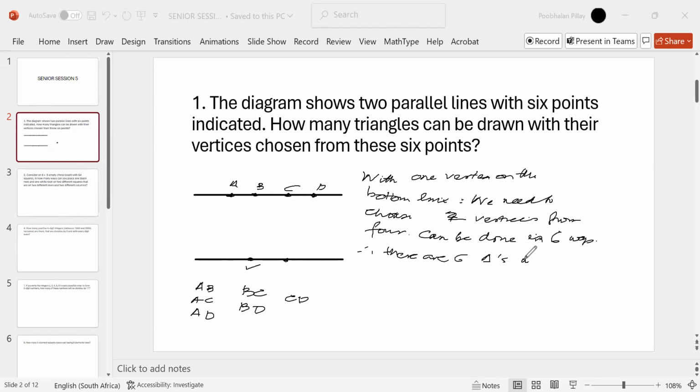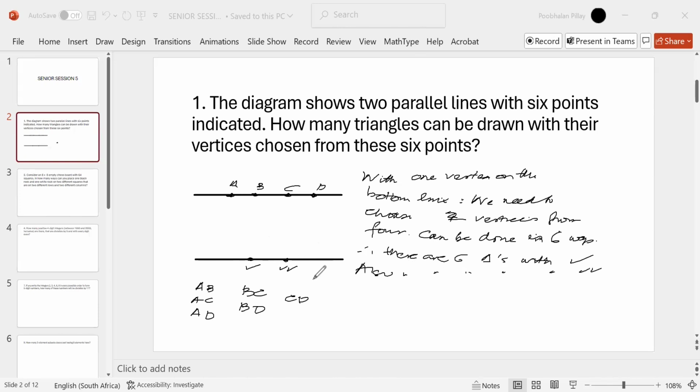With the tick, right? So with this vertex here, you've got 6 triangles. Now you could do exactly the same thing for the next point here, right? And now if I call this double tick, also for the same argument, there are 6 triangles with double tick.